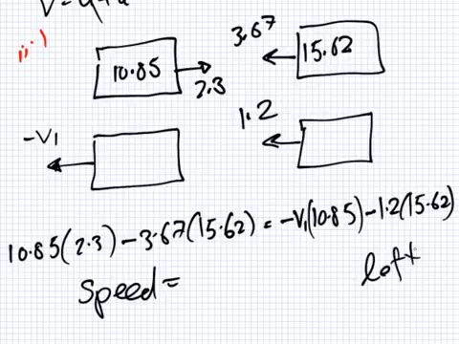Okay, let's see. 10.85 times 2.3 minus 3.67 times 15.62 plus 1.2 times 15.62 divided by minus 10.85. So I got 1.25 or 1.26.